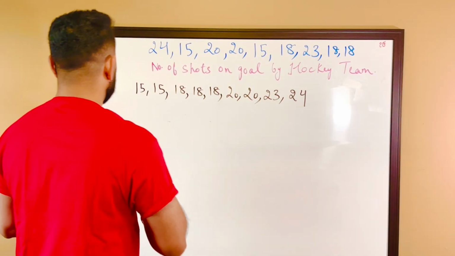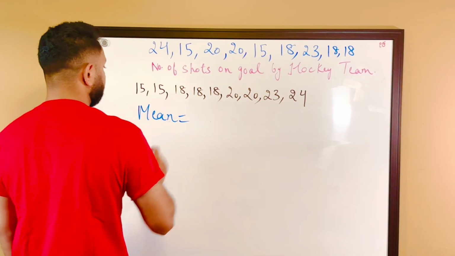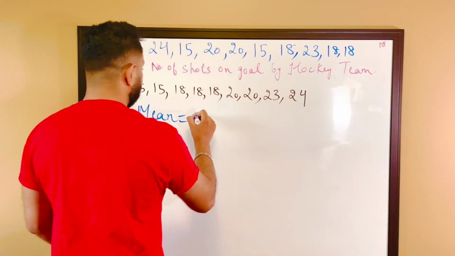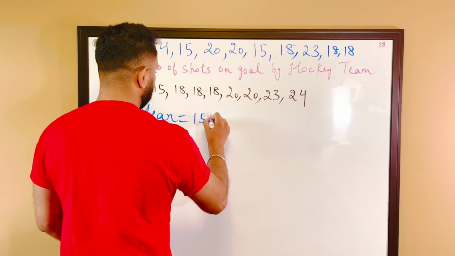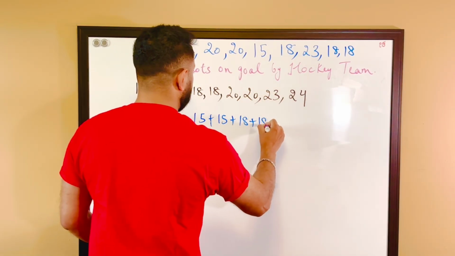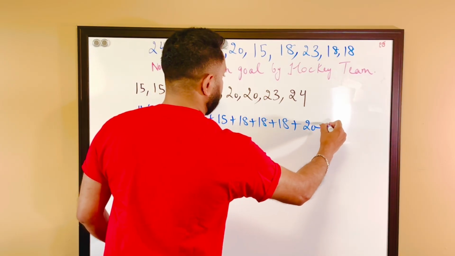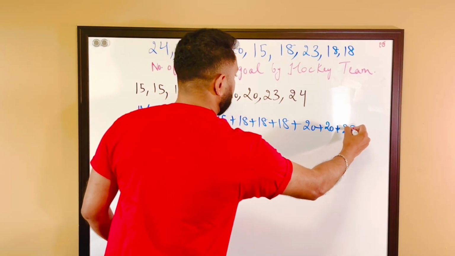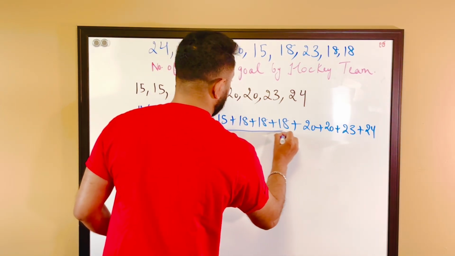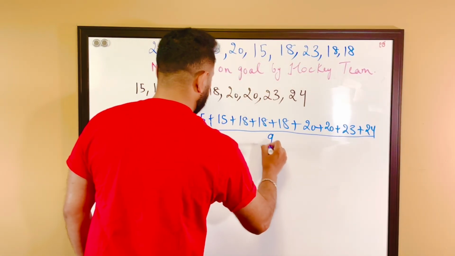So mean will be the addition of these data values, 15 plus 15 plus 18 plus 18 plus 18 plus 20 plus 20, 23, 24, divided by the number of data values, which is 9.